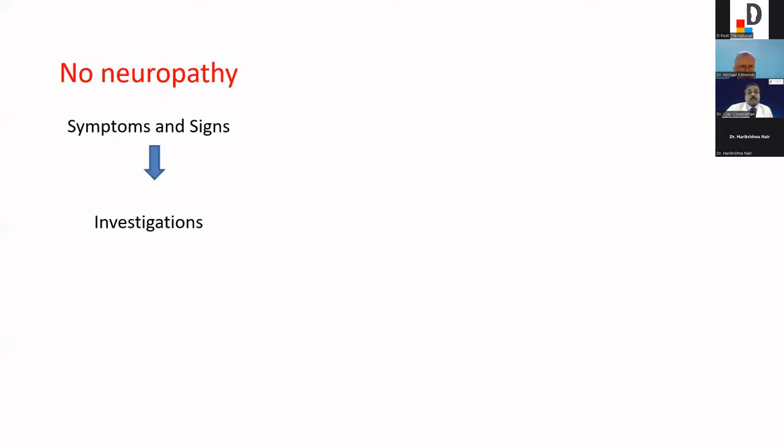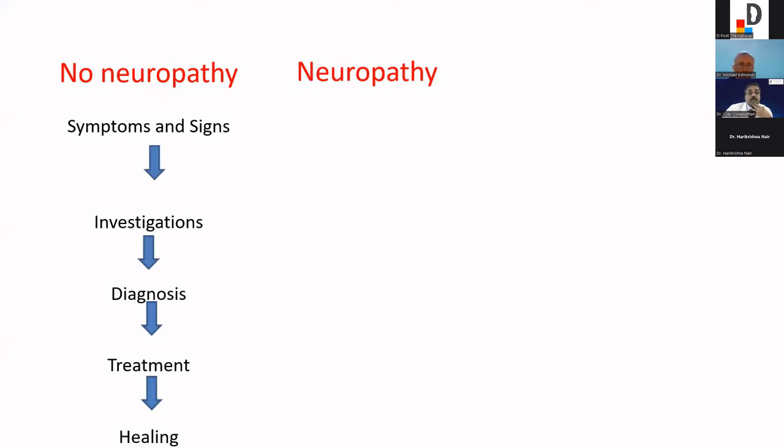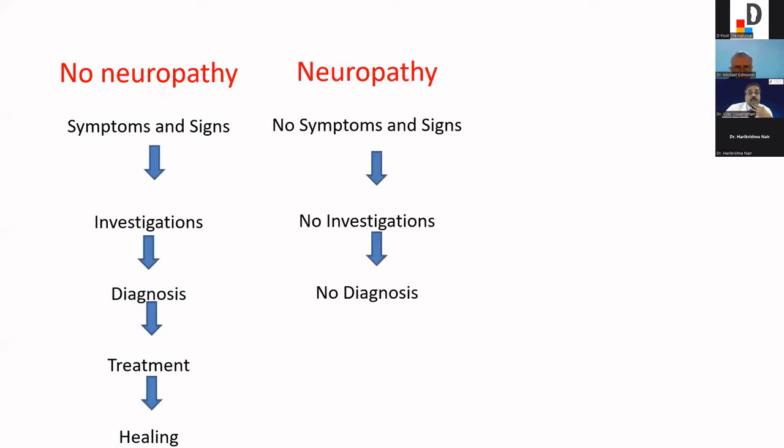And I think we have to have a different approach to the diabetic foot with neuropathy, because when there is no neuropathy, we notice the symptoms and signs, we do investigations, we get a diagnosis, we treat, and we heal. When there's neuropathy, no symptoms and signs, no investigations, no diagnosis, no treatment, tissue death.